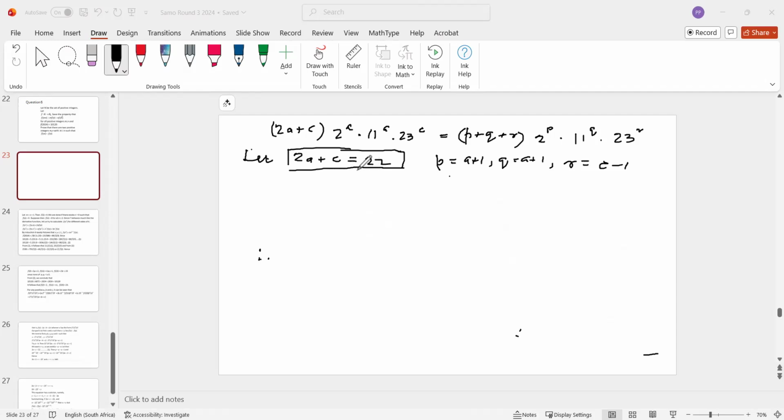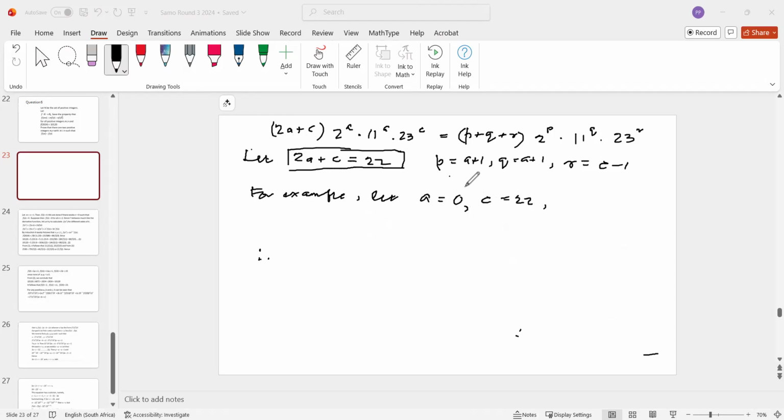So there are quite a few solutions for this, but a nice solution is to take a simple one. To make calculations easy, let a be equal to 0, because we had 2 to the power of a, so that could be 1. So a equals 0, but in that case, c is equal to 22.